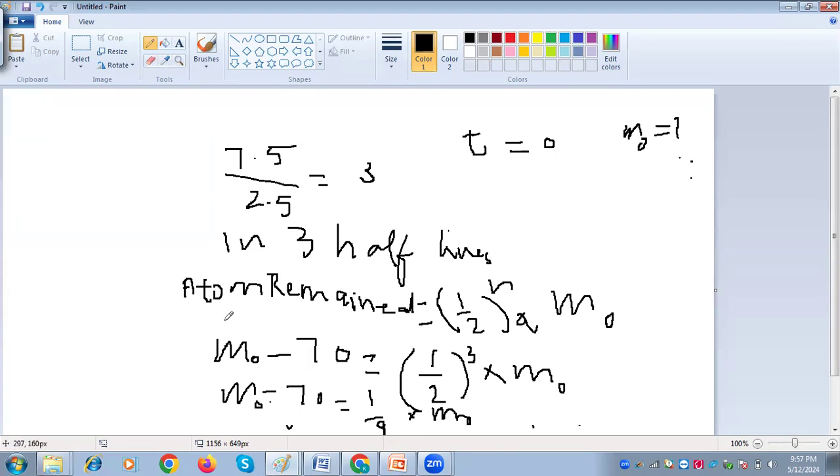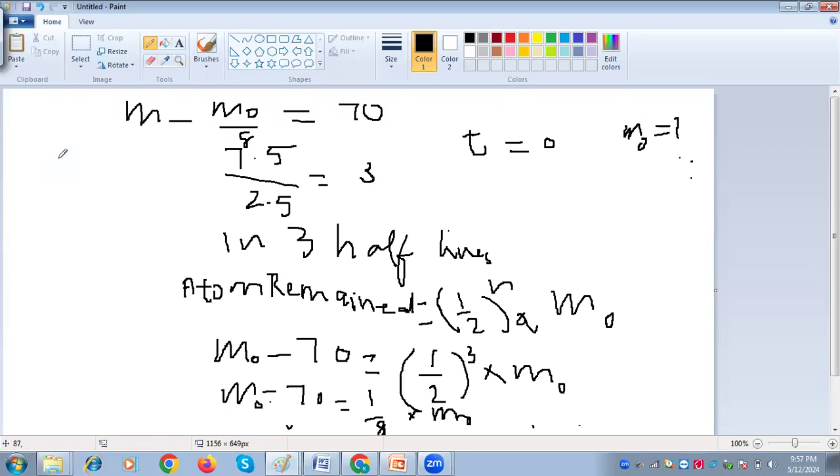So we can bring this M0 to this side: M minus M0 divided by 8, because 1 upon 8 into M0. So this is brought to this side and that becomes negative, and 70 goes to that side.